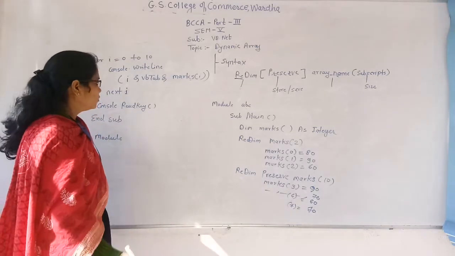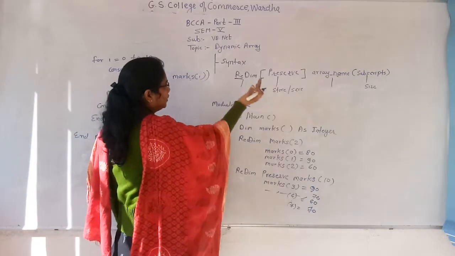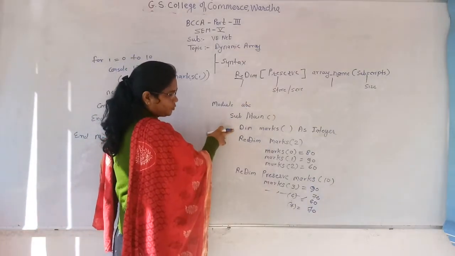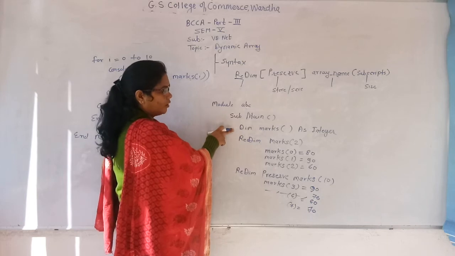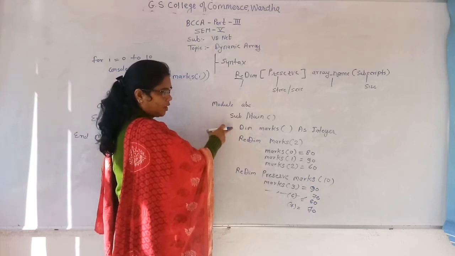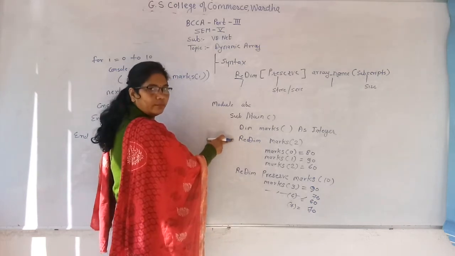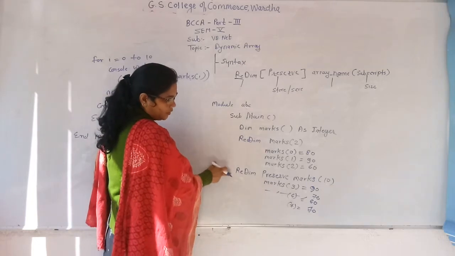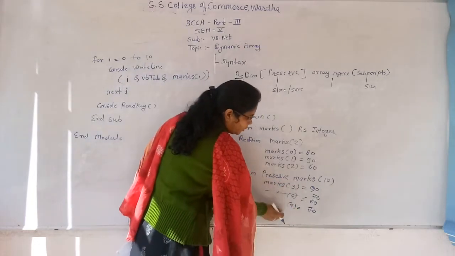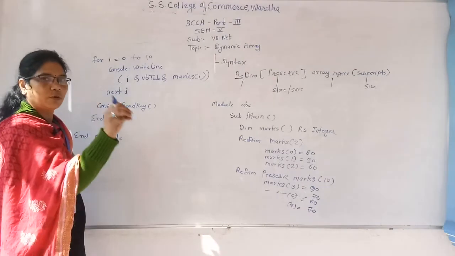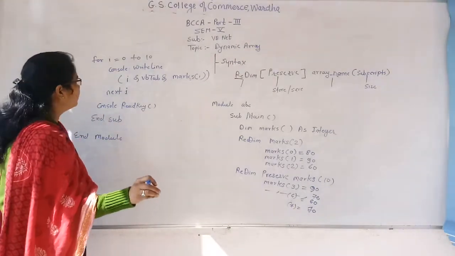So basically here first we declare the array without size, then we ReDim it, and then we preserve it, and after that we store the elements in the locations with the help of index numbers.